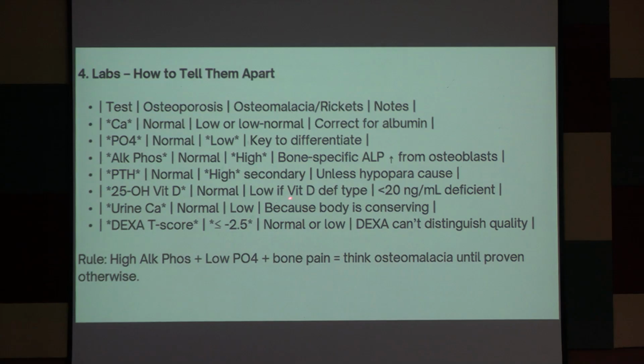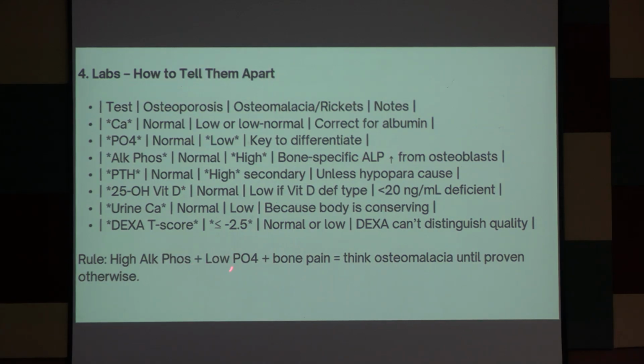Vitamin D normal, low in vitamin D deficiency, and only less than 20 is deficient. Urine calcium normal, here it is low and the body is conserving, so you will not find any difference in rickets. DEXA T-score: osteoporosis less than minus 2.5. In osteomalacia, there will be normal or low, and in rickets DEXA cannot distinguish quality.